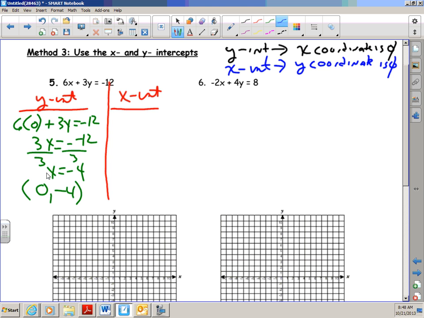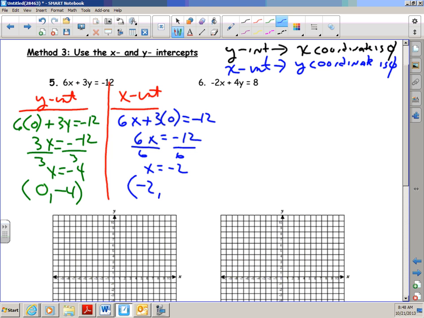On the flip side, I'm now going to let the y be 0. And you don't even have to write all of this out. You can just cut right to 6x equals -12, and that x is -2. That means -2, 0 is the x-intercept.